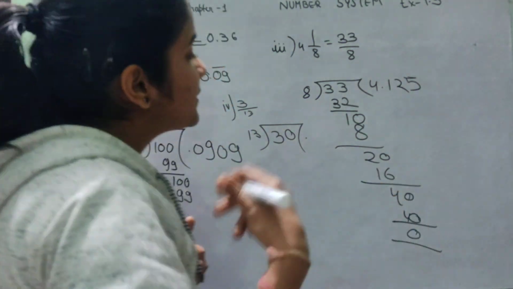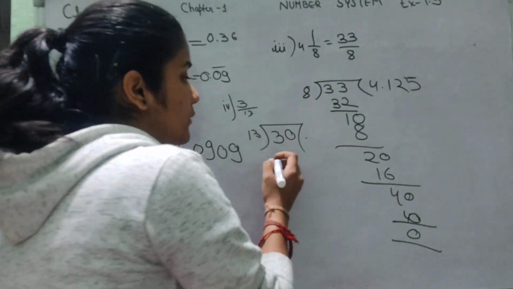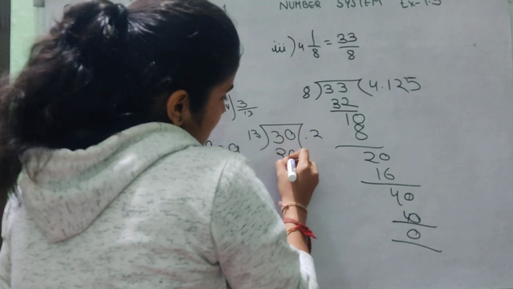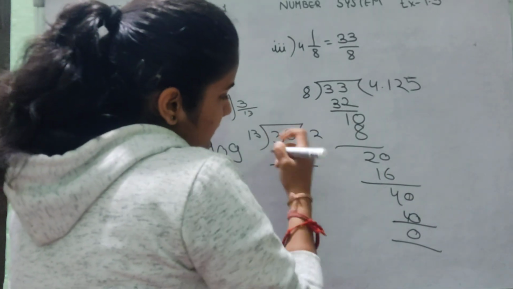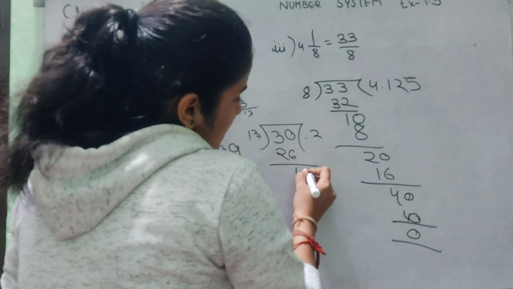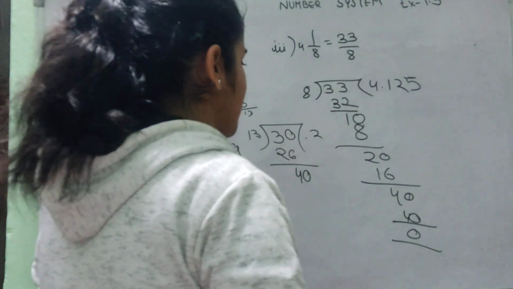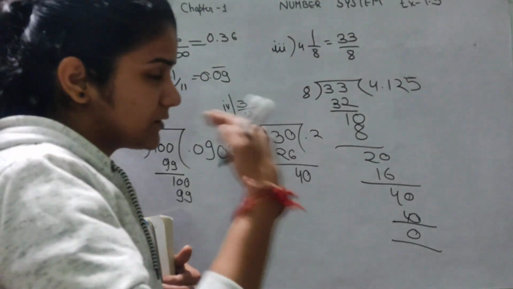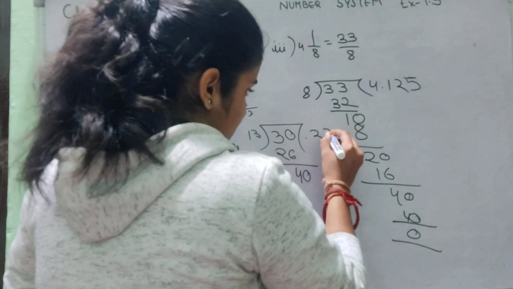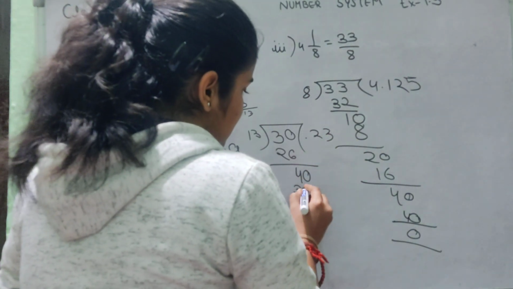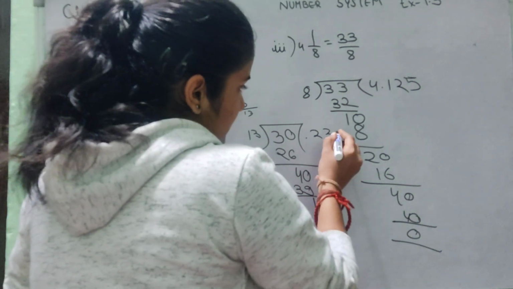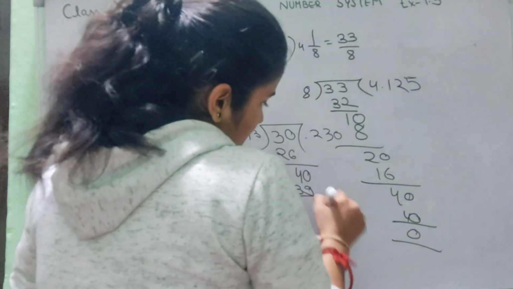So 13 3s are 39, so it should be 13 2s are 26. What is left? It is left with 4. Increase the 0. Okay. 3s are 39. It is left with 1. 0. Not divided. Increase 0 over here. Again 0.